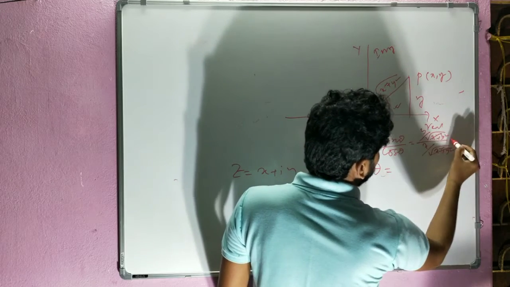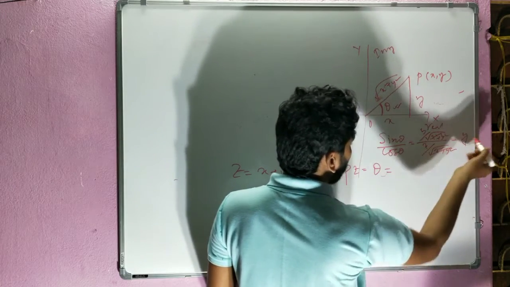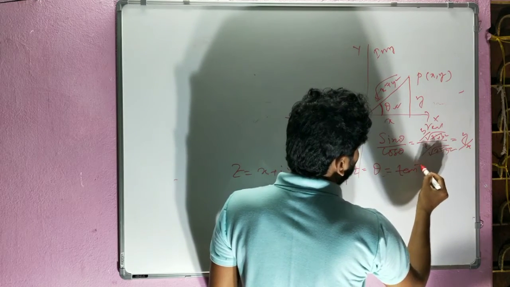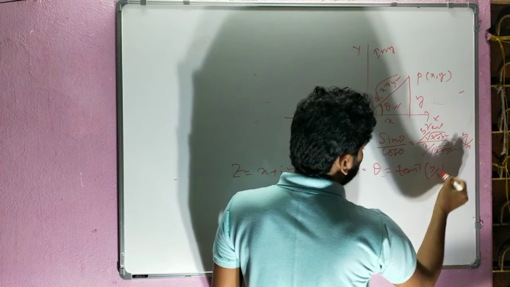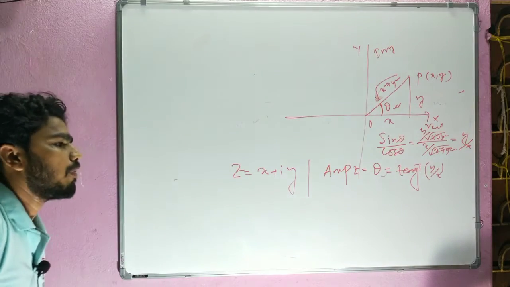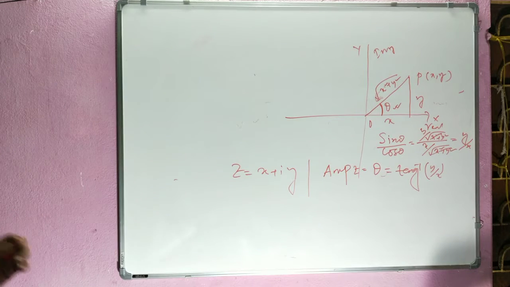So tan theta equals y by x, and theta equals tan inverse y by x. This is the amplitude of the complex number.